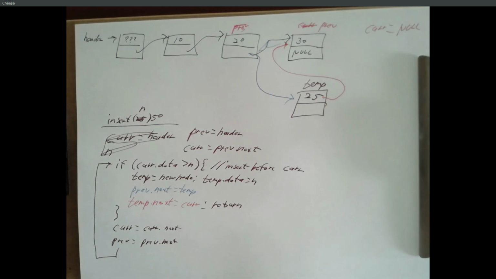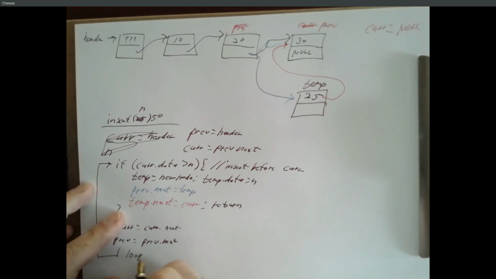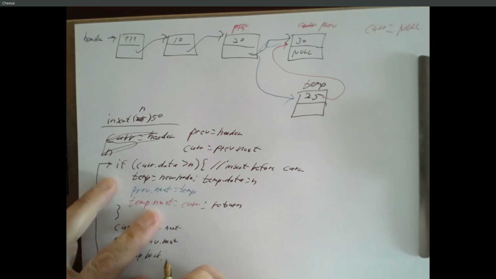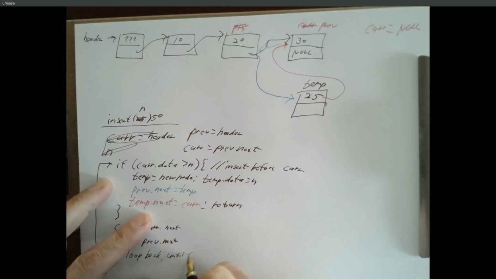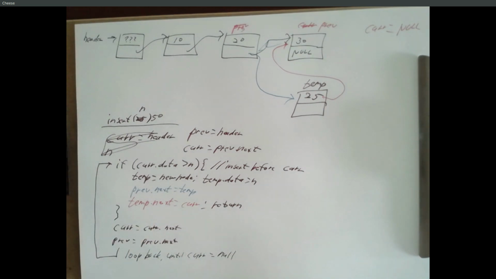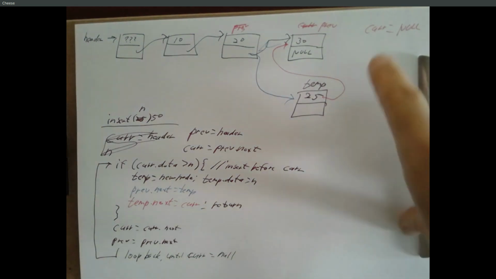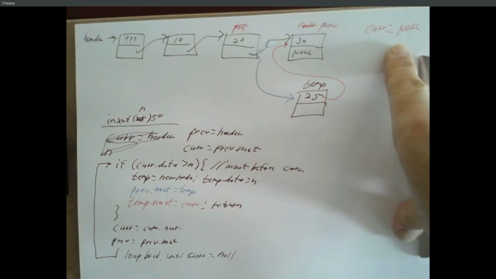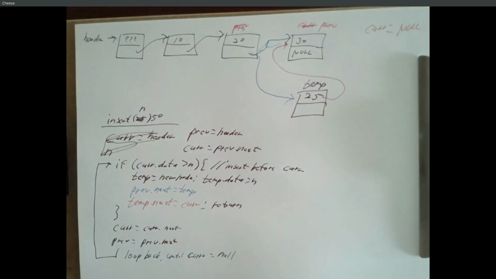So we really need to have a check here. So loop back until current equals null. If current equals null, we've gone off the end of the list. What should we do? Where should we put our new node 50?